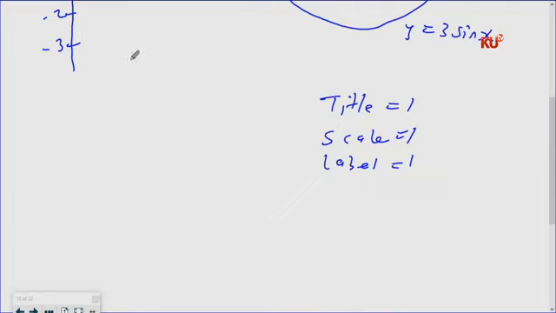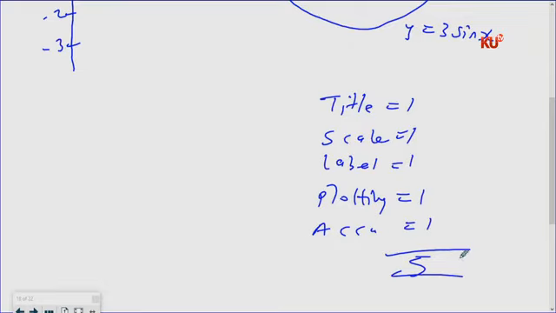Then you also have another mark for plotting. Then this last 1 mark is very difficult to get. That is accuracy. You get another 1 mark, totaling to 5 marks.